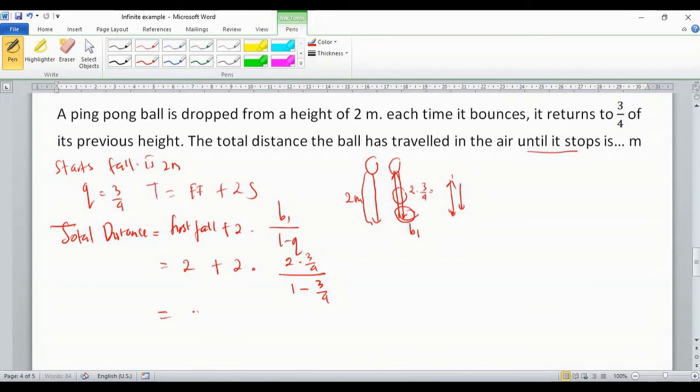Okay, so from here, 2 plus 2 times 2 is 4, we can cancel 4, and then over 1 over 4. So this is 2 plus 2 times 3, which is 14 meters, everyone, before the ball stops.